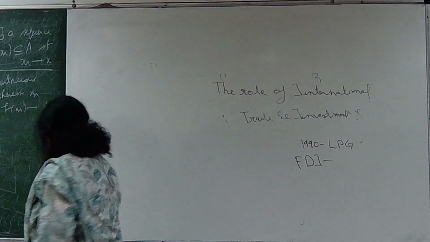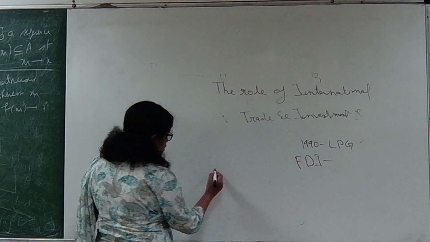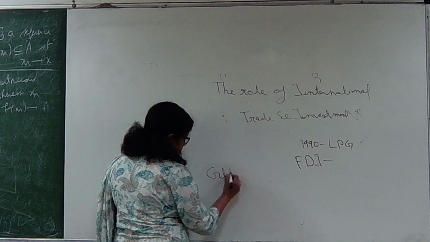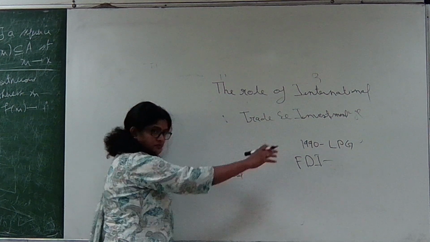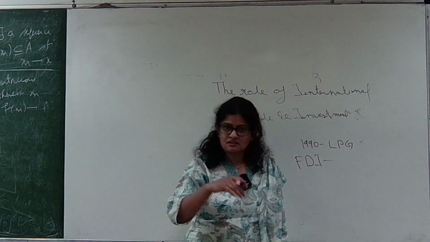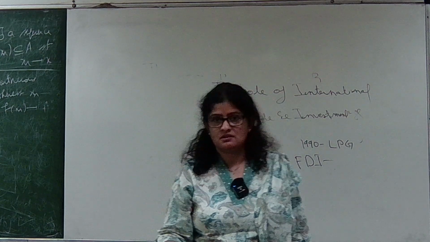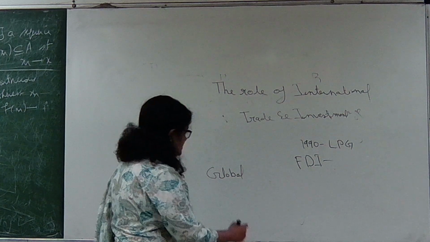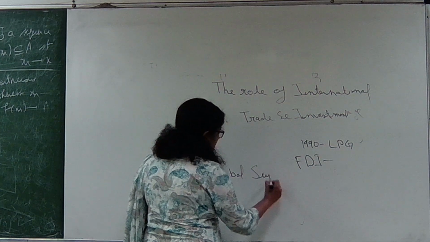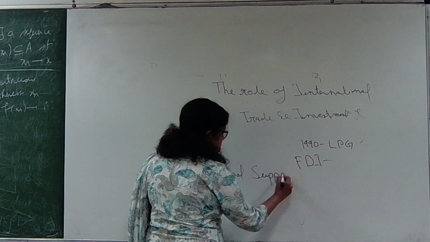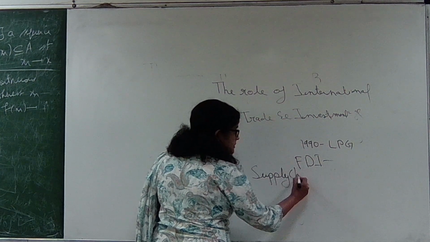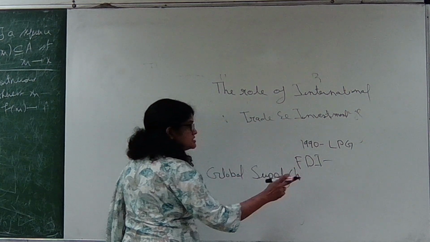Then the second point is the global supply chain. We have access to different products. How is this possible? It is possible only because there is a seamless global supply chain. This is international business.